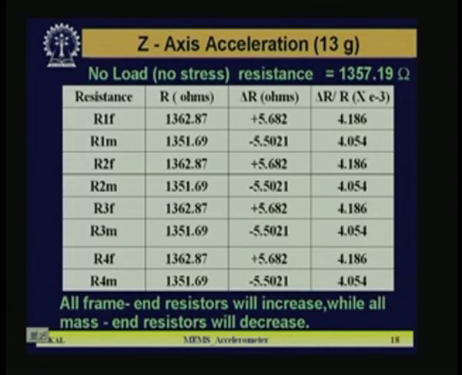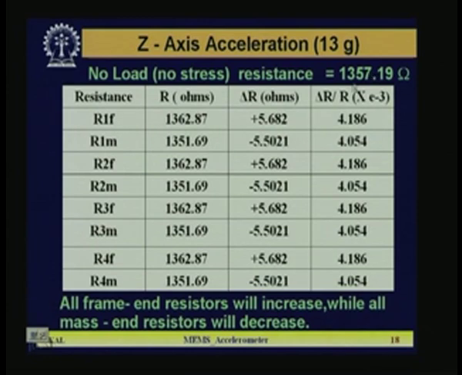Now, the next point is the simulation, where you can see how much the value of the resistances is going to change. Here you can see R1F, 1M, 2F, 2M, 3F, 3M, 4F and 4M. Each resistance has a no stress value of 1357.19 ohm, after the doping and other things are decided, and the junction depth is decided.